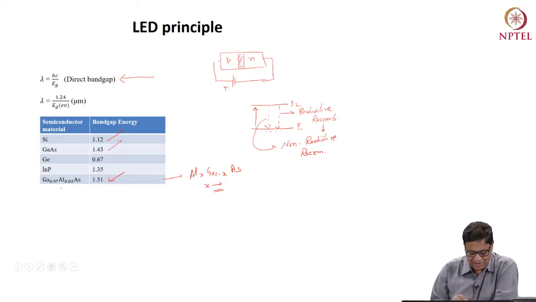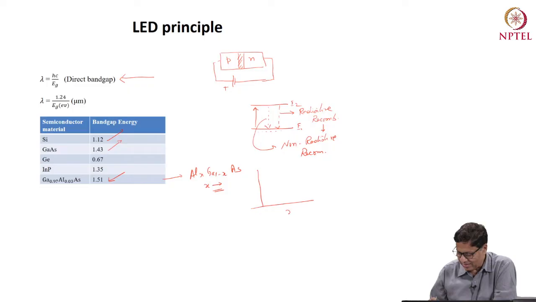For example, in this case, Ga is 0.97, aluminum 0.03, and As. So this gives a band gap energy of 1.51. Similarly, if you plot different levels of x, this is say the aluminum mole fraction, and this is the wavelength of emission, it will be something like this.